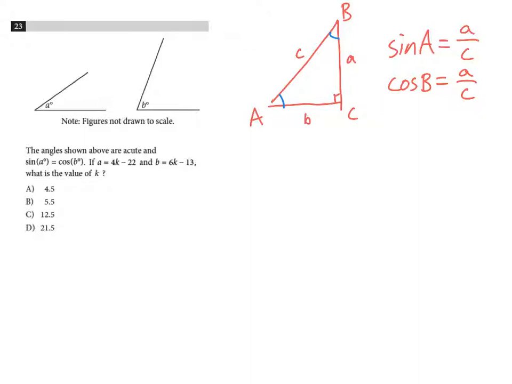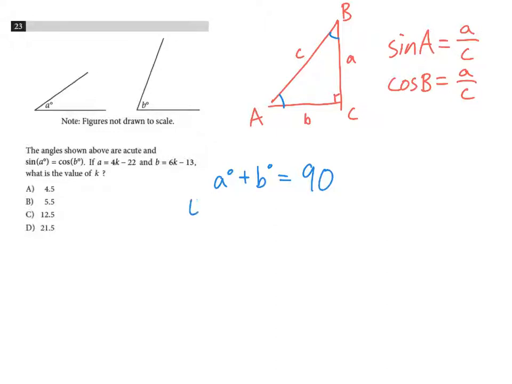And likewise, if the sine of one is equal to the cosine of the other, you know that they must be complementary. So we know that angle A plus angle B in degrees must equal 90. All right, well, it gives us some expressions for these.